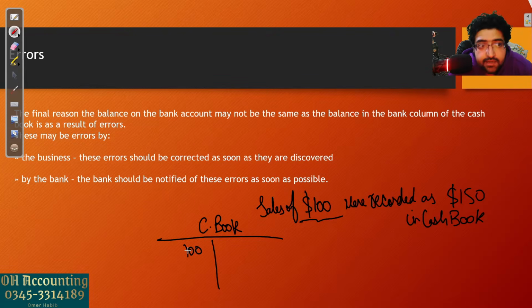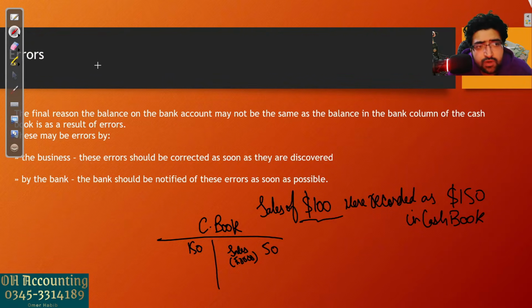But by mistake, you have recorded this as 150 in the past, okay, before balancing. So what should you do? You will simply correct this error by crediting 50 now. You can write sales and you can write error. That's it. So you have deducted 50 from your cash book, which you had previously added by mistake. Okay?